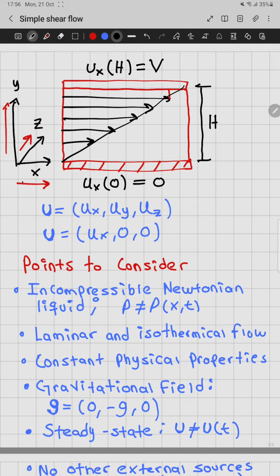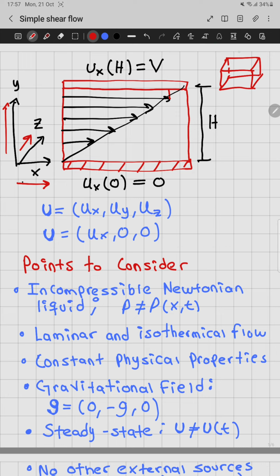And simple-shear-flow is the flow induced by a force in a fluid. So this sketch here is actually a 2D representation of the geometry, but the actual geometry will look something like this. I mean, in 3D we have this sketch, this small drawing.